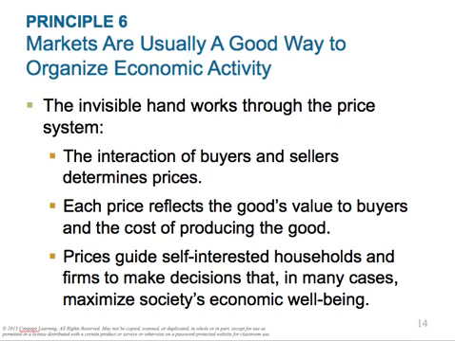Prices guide self-interested households. Now again, these are rational folks, so they're self-interested. They're interested in taking care of themselves, in maximizing what you're going to learn to be called utility. And firms make decisions that in many cases maximize society's economic well-being. How do they maximize society's economic well-being? Well, first, they're efficient.